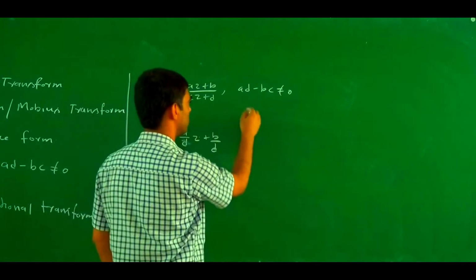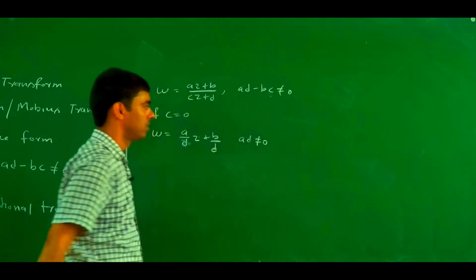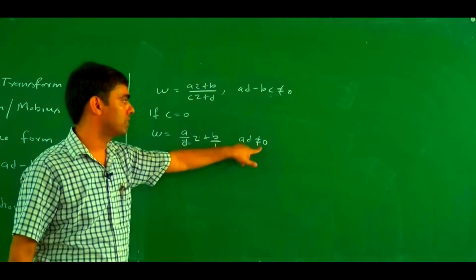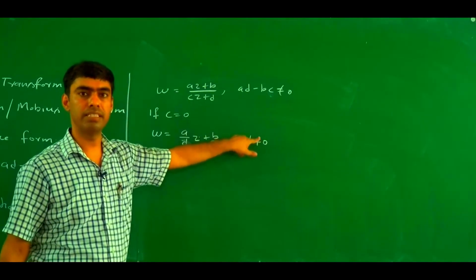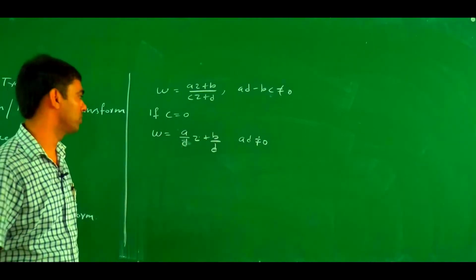Here with C equal to 0, AD does not equal 0, which means A does not equal 0 as well as D does not equal 0.